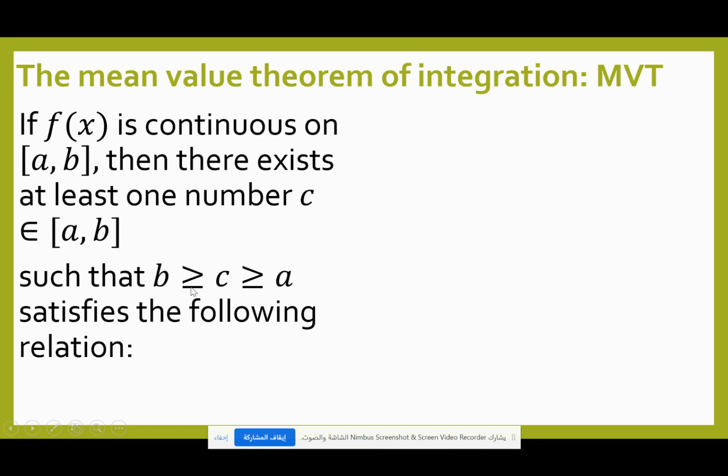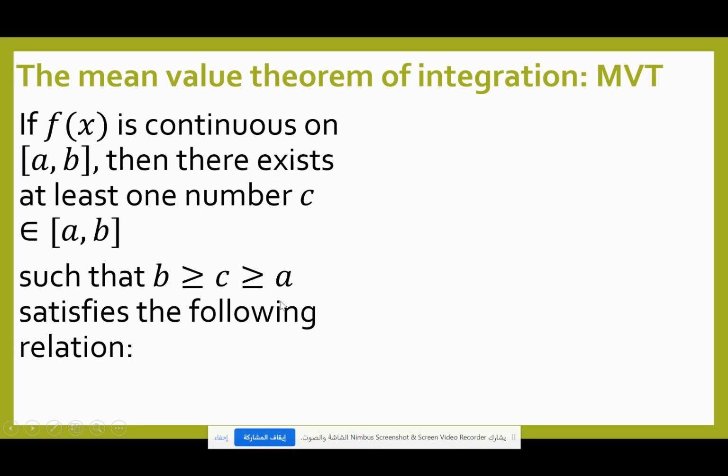In differentiation, we say that c should belong to an open interval. That means it couldn't be at the ends with the derivative. But in integration, it can be at the ends because it is talking about area. No problem with areas. So from a to b, including a and b, no problem to write equals here.